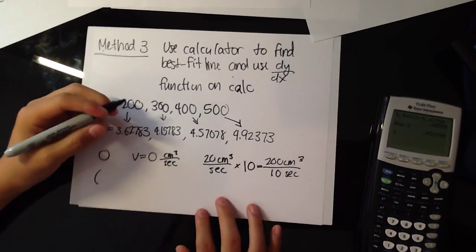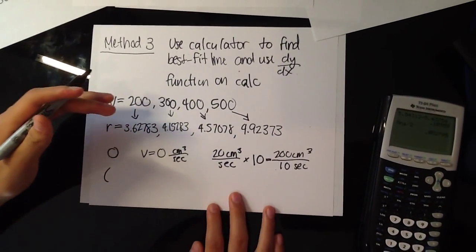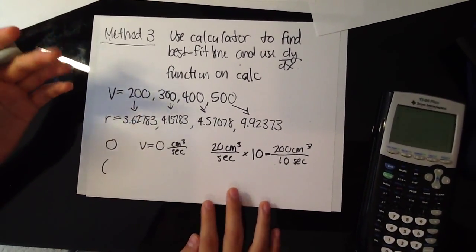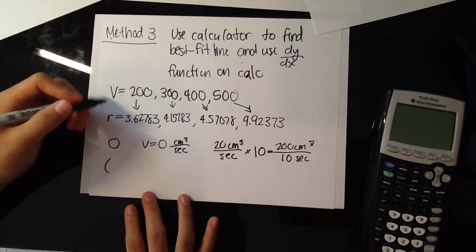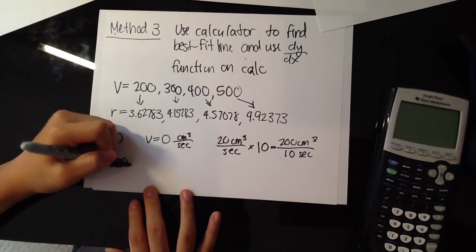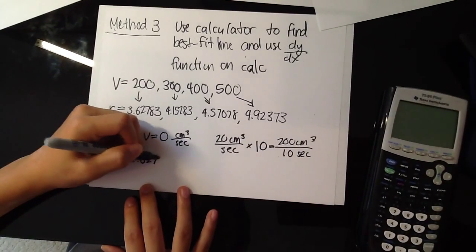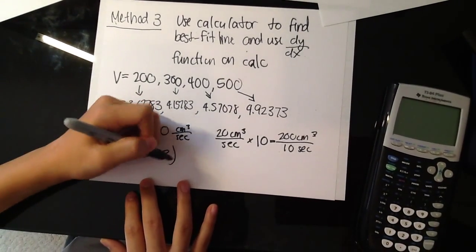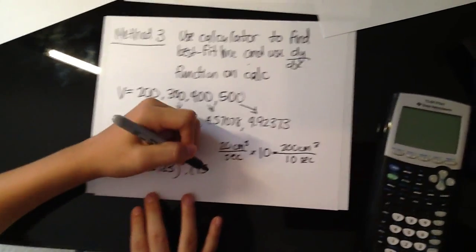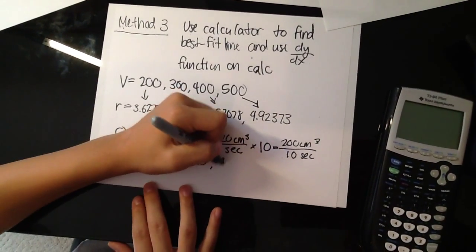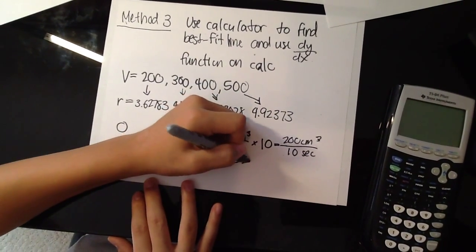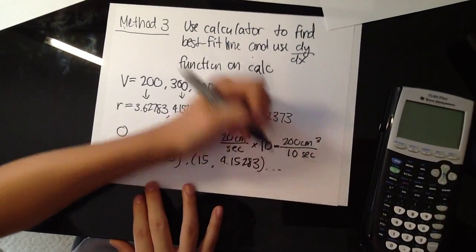We want to put time on the x-axis and radius on the y-axis, as we did in all our other problems. That's going to give us 10, 3.62783, and 15, 4.15283, and so on.